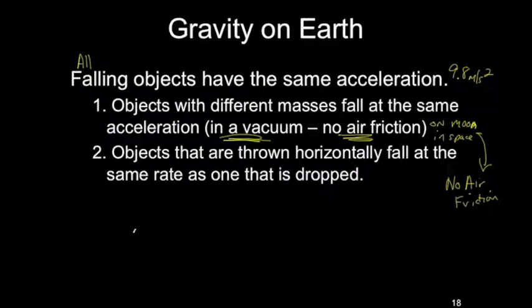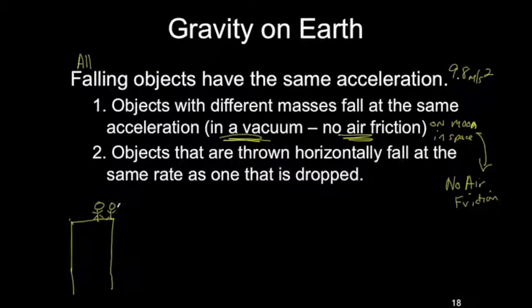Now, building on that, what does that mean? How does that tie into this next statement that says objects that are thrown horizontally fall at the same rate as one that is dropped? Let's say you're standing on top of that building with Fix-It Felix and all his friends, and you walk to the edge, and there's two of you standing there.